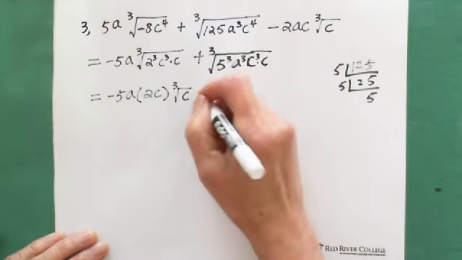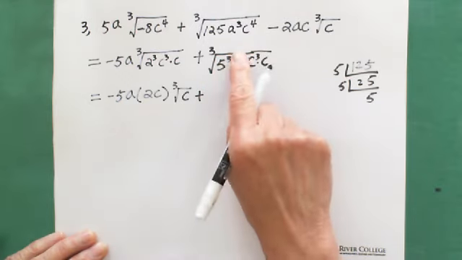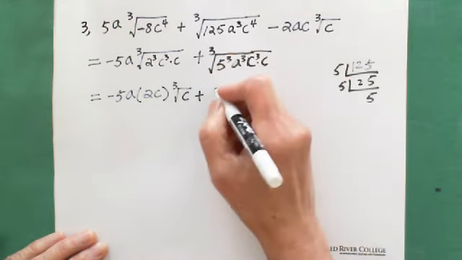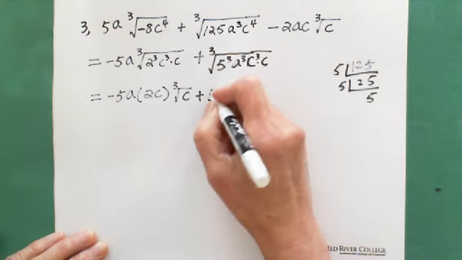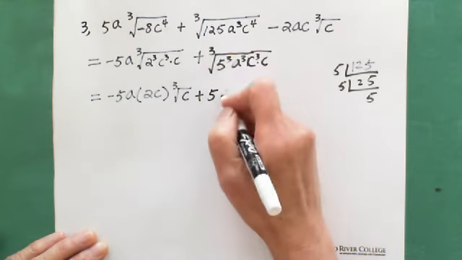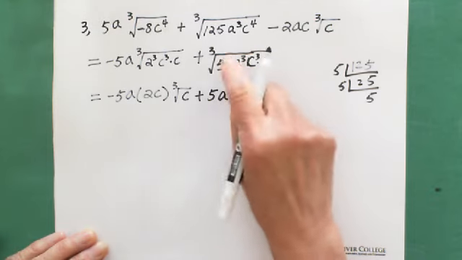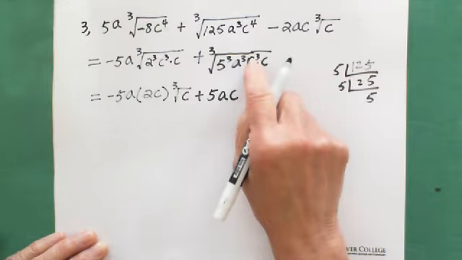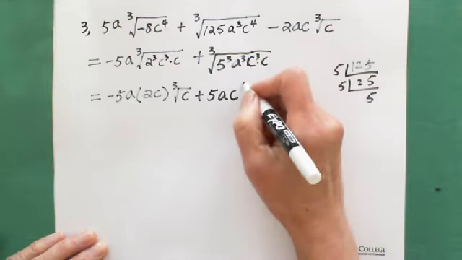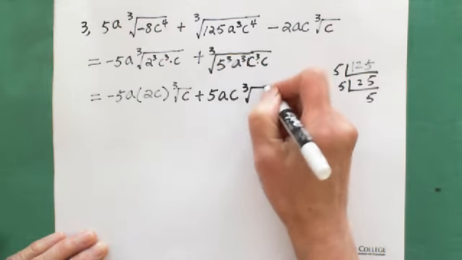So 5 cubed gets out of the cube root as 5, a cubed is a, c cubed becomes c. As long as it is cubed, it can get out of the radical and have c stay.